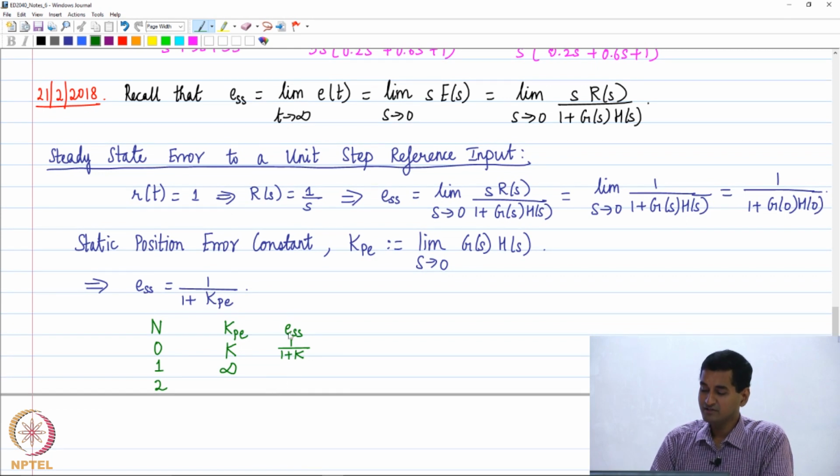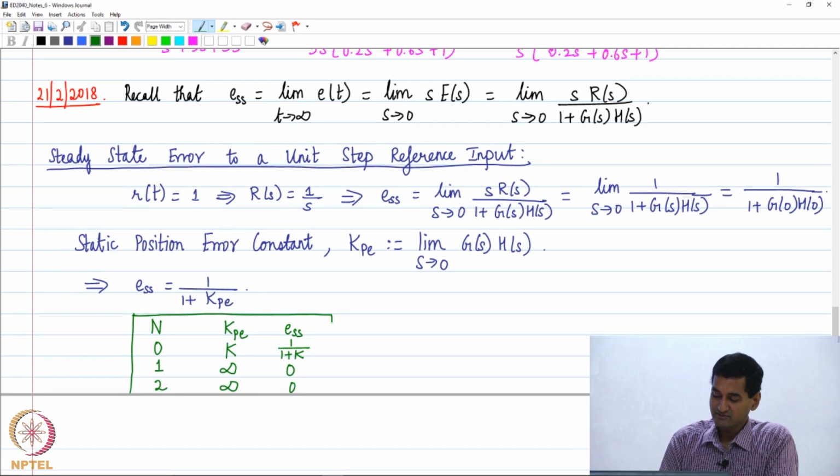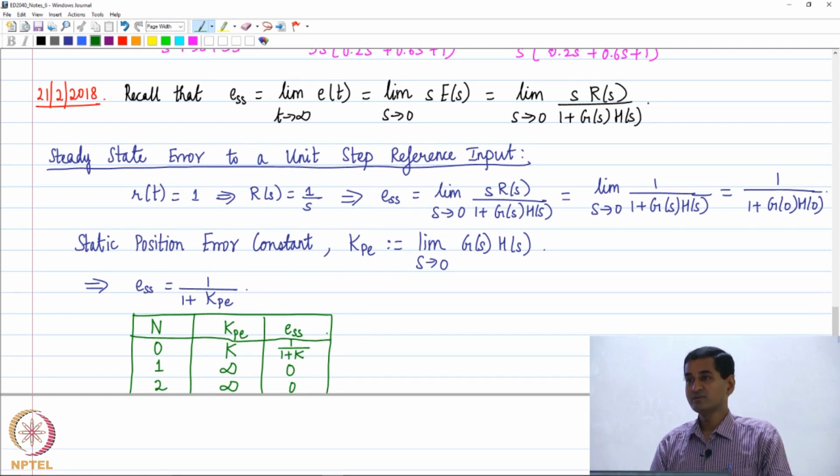So what will happen to the steady state error? It will asymptotically tend to 0, right, and that is going to be the same case if n is equal to 2 and higher, right. So that is what we will get, okay, for different values of n, when we want to track or follow a step input.